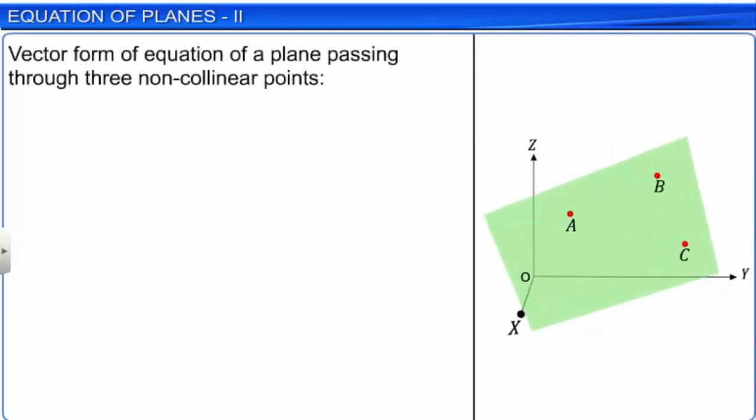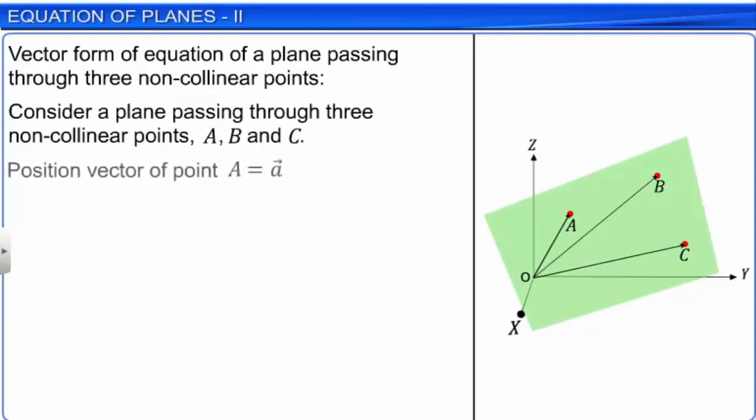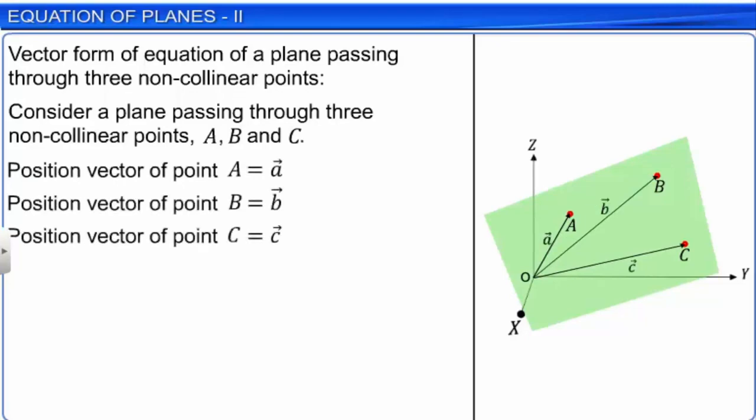Let us derive the vector form of the equation of a plane passing through 3 non-collinear points A, B, and C. Let vectors A, B, and C be the position vectors of points A, B, and C, respectively. Since the plane passes through points A, B, and C, they are coplanar.